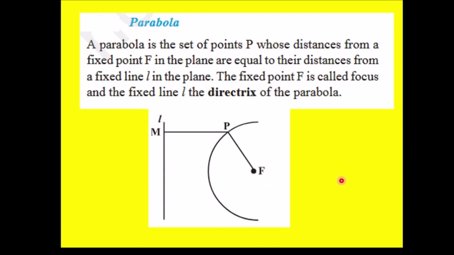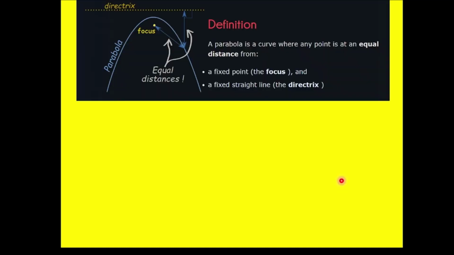In the case of a circle, we saw there was only one fixed point, but in the case of a parabola there is a fixed point and a fixed straight line. You can see in your textbook they have broken the word parabola into two parts, para and bola, meaning the path when an object is thrown in space. This is illustrated by this diagram.